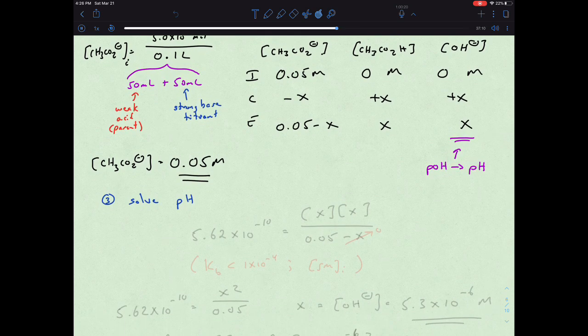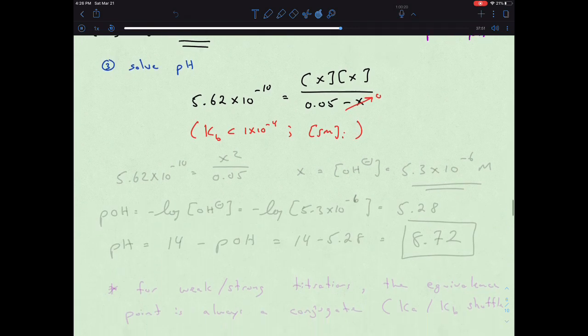Right, our Kb was equal to 5.62 times 10 to the negative 10th. Our acetic acid and hydroxide products are both X. And then our acetate is 0.05 minus X. Again, we can do the assumption motif. We're going to find that's always going to be the case with these weak, strong titrations. So this X is disappearing in terms of our starting material.